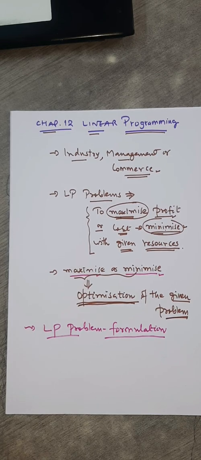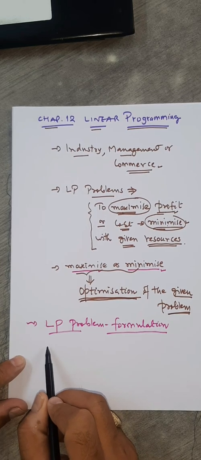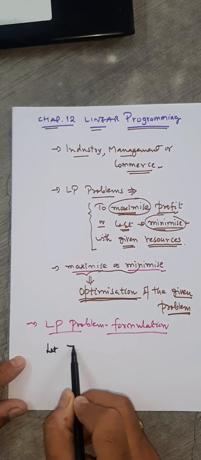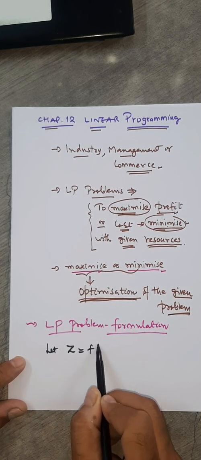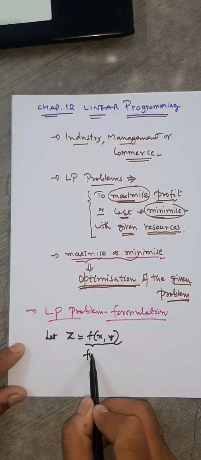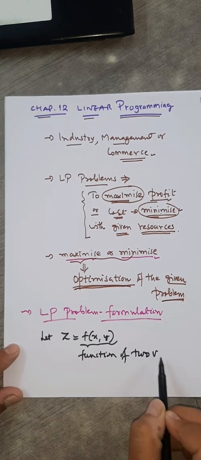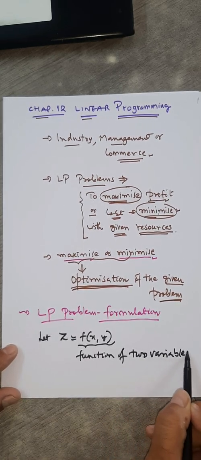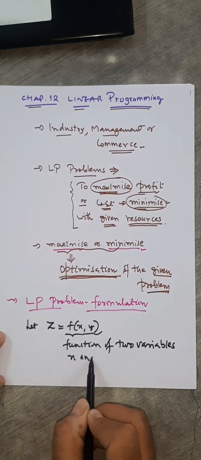With some variables, we have some function which is to be maximized or minimized. So let's take z equals a function of two variables, f of x comma y. This is a function of two variables, x and y. Let me call these variables x and y.